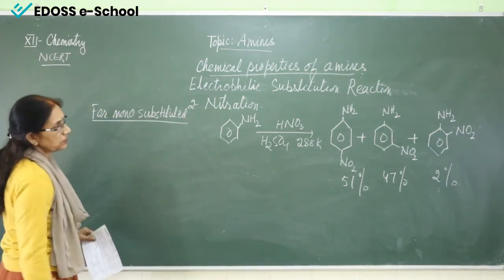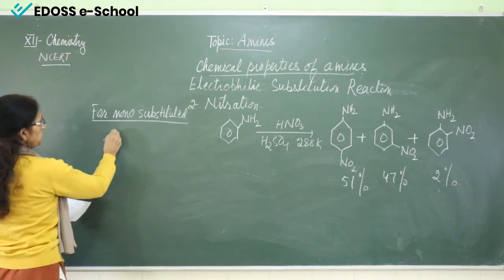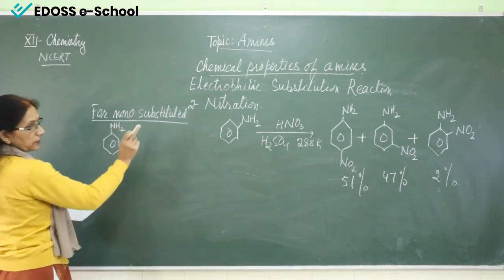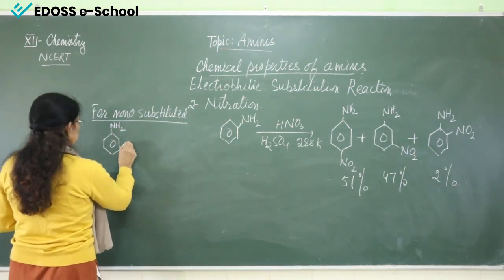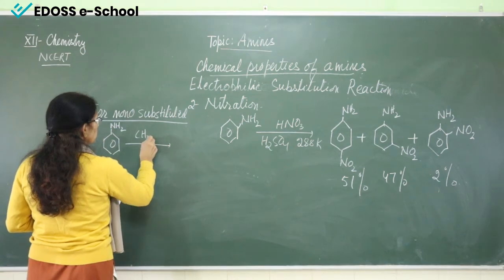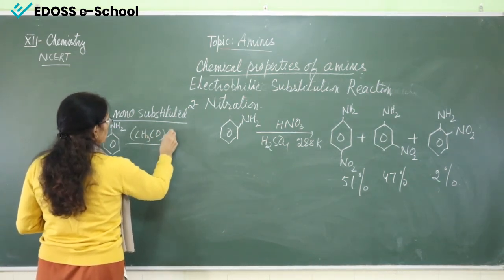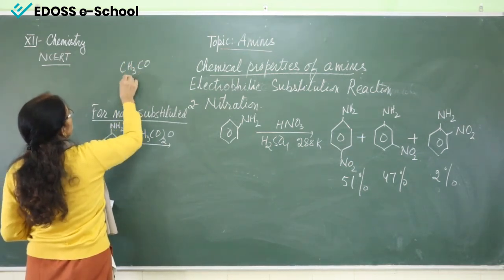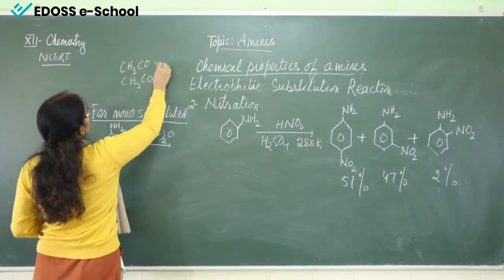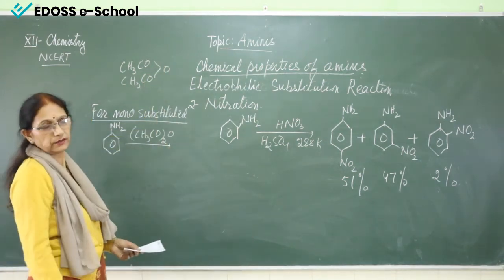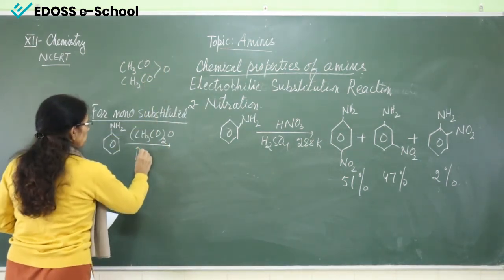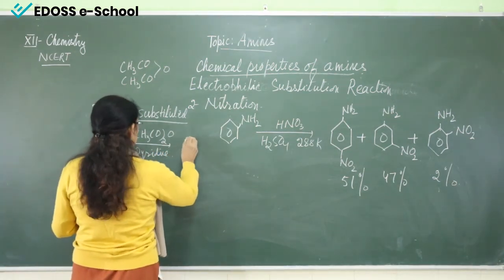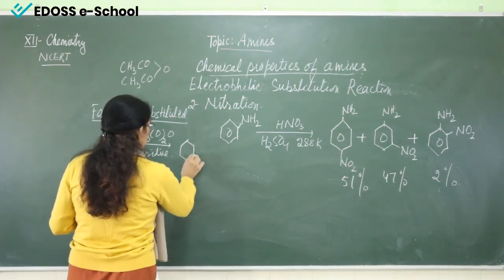For mono substituted, same way we will take aniline and acetic anhydride, (CH3CO)2O. This is CH3CO and CH3CO, known as acetic anhydride, in the presence of pyridine. Now we will get this intermediate compound.